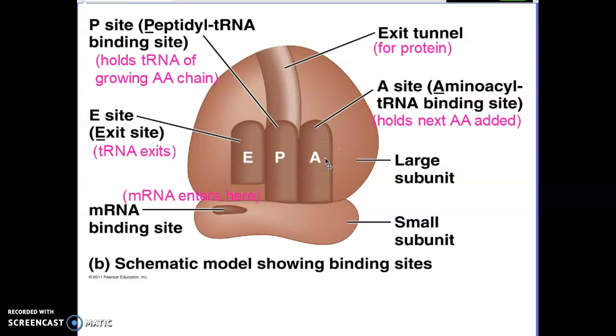I like to remember it going this direction because I can remember the word APE. This one holds the next amino acid. This is where the protein exits. If you notice, there's actually a tunnel to come out the top. And E is for exit. This is where the tRNA exits. So I remember amino acid, protein, exit is how I remember it.